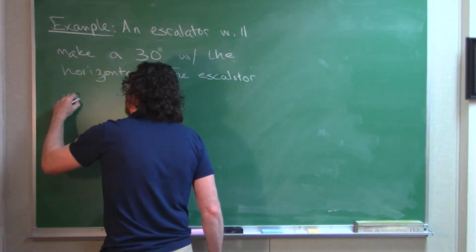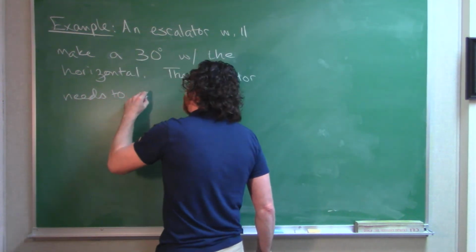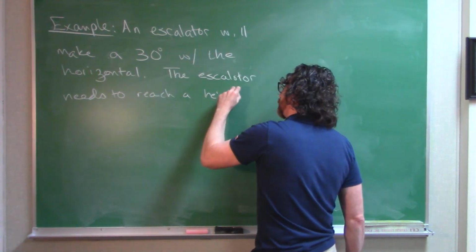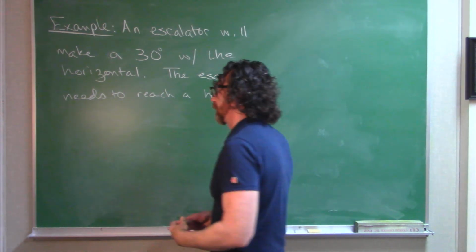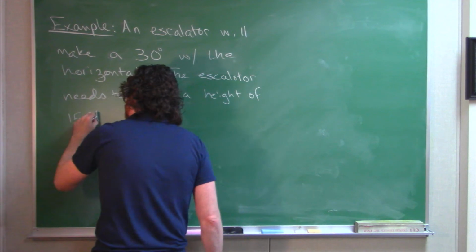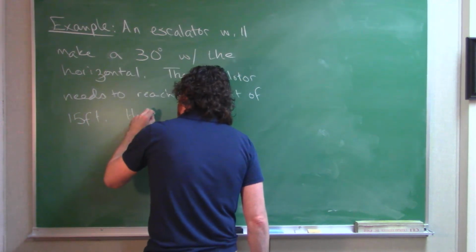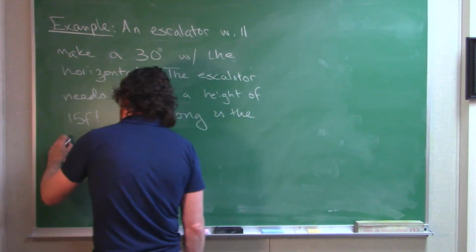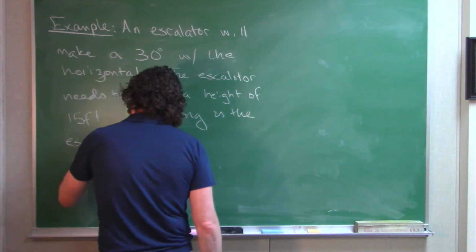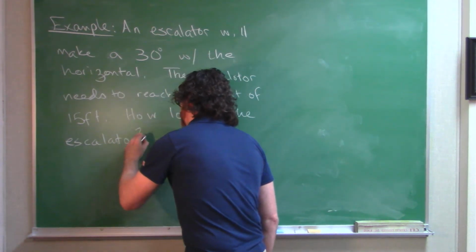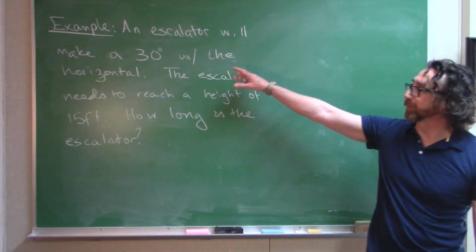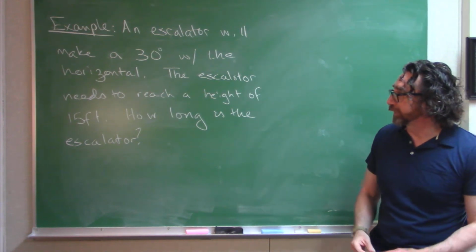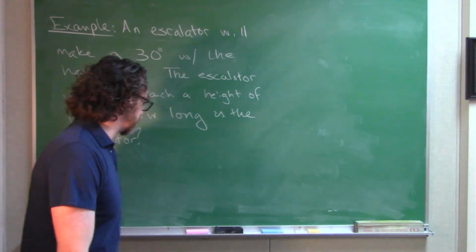The escalator needs to reach a height of, let's make it 15 feet. How long is the escalator? Question mark. Okay, so the escalator is going to make an angle of 30 degrees with the horizontal. We need to reach a height of 15 feet. How long does the escalator need to be?